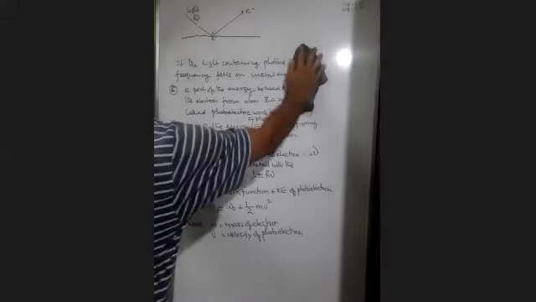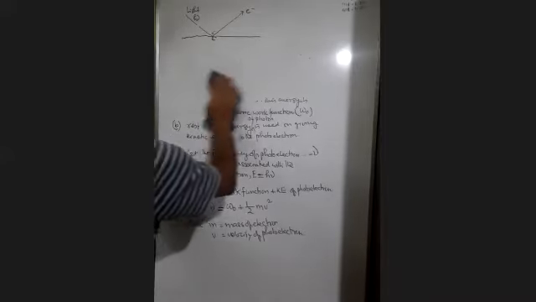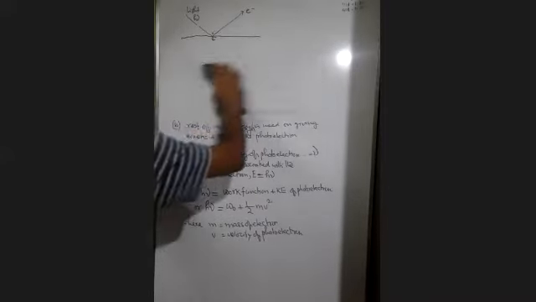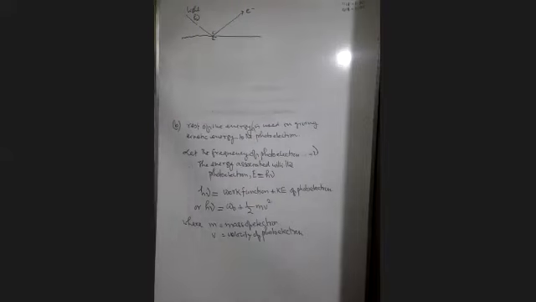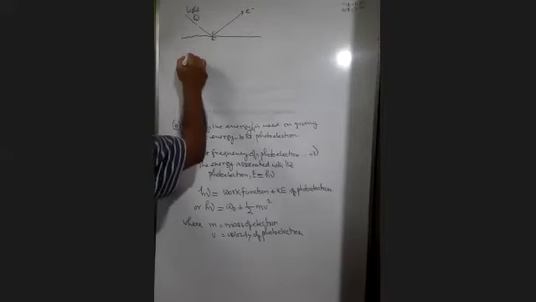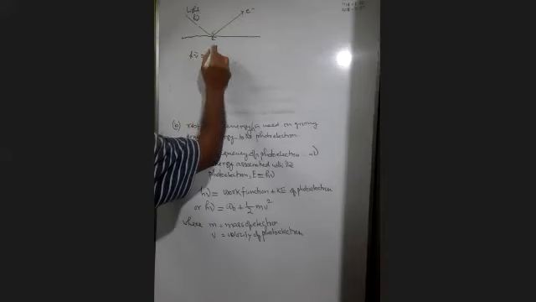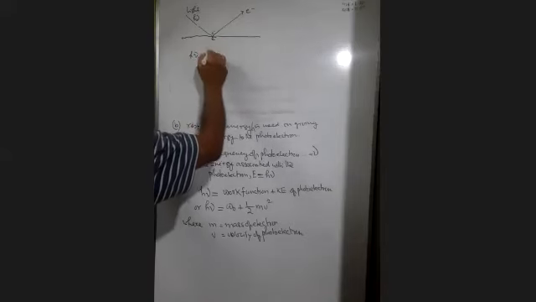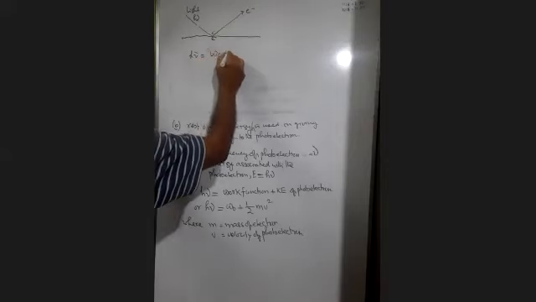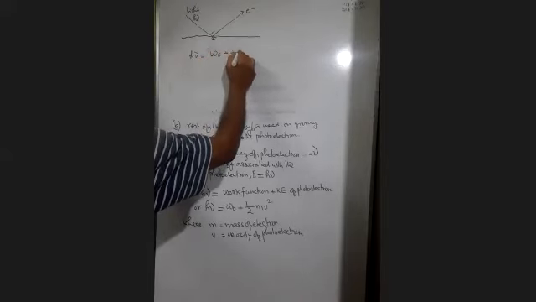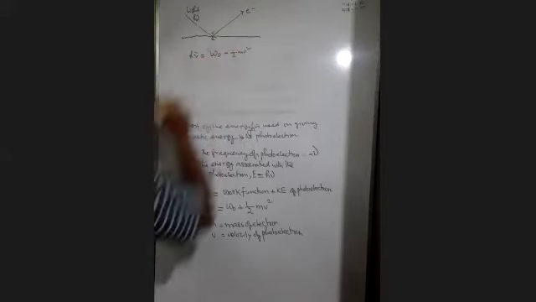So now let me write it like this. h nu is equal to W0 plus half mv square, we have written.